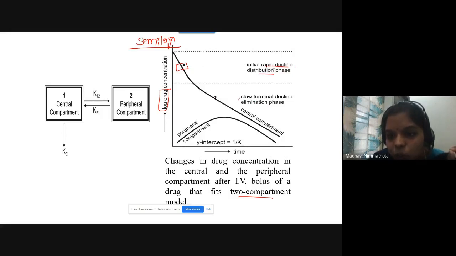So there is a slow terminal decline in the elimination observed here. Both the distribution and the elimination are happening through the central compartment. Here the y-intercept is 1 by Ke, 1 by the elimination rate constant. Once you remember this graph, the derivation part is very easy.